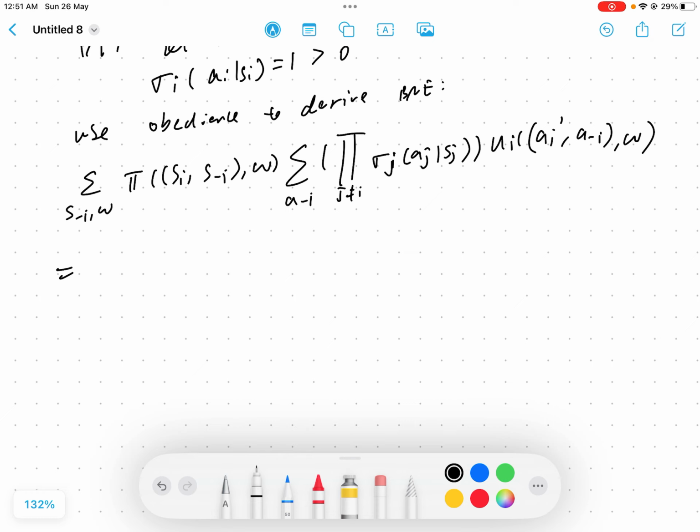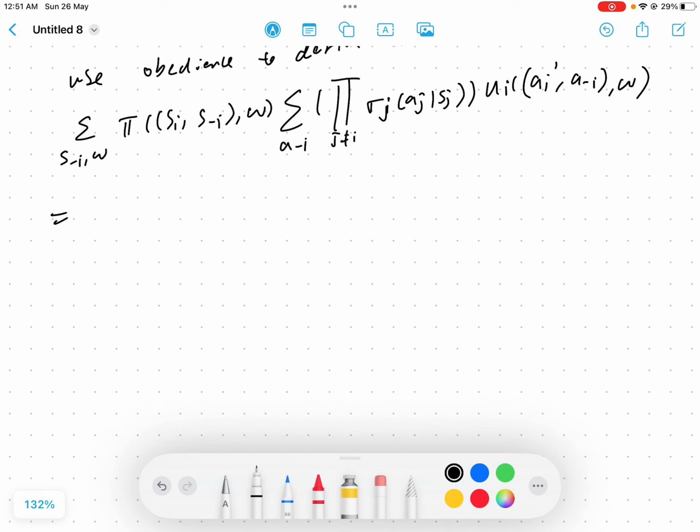So what is this? We can actually simplify this using the obedience.